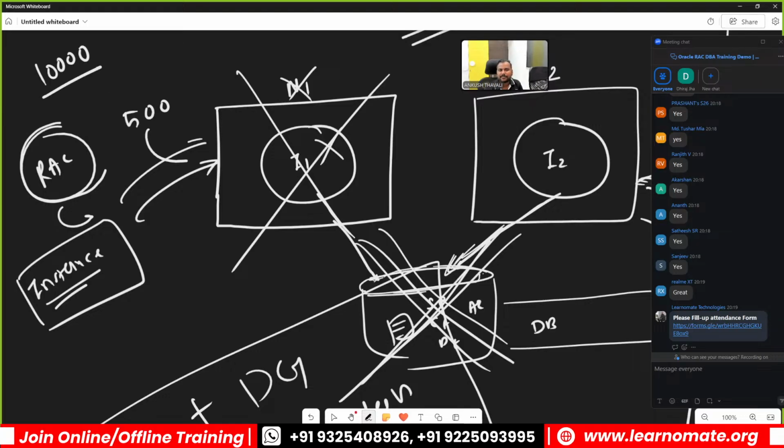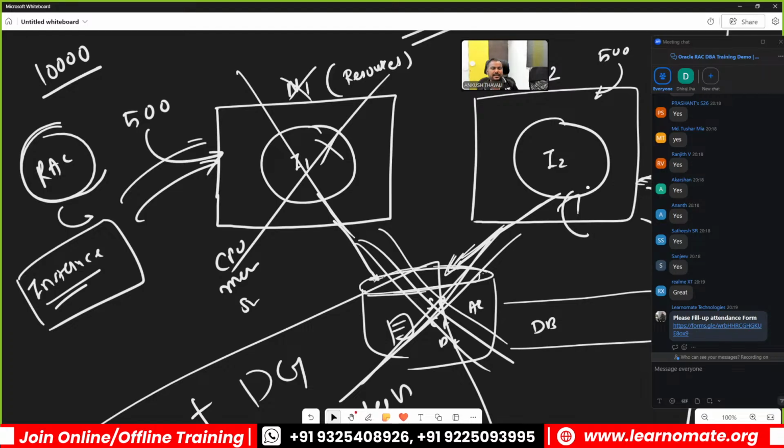There is a very high chance that 500 connections will connect to node 1 and 500 connections to node 2, because every node has its specified resources. Node number 1 will have its own CPU, own memory, own storage, and instance number 2 will also have its own resources allocated.